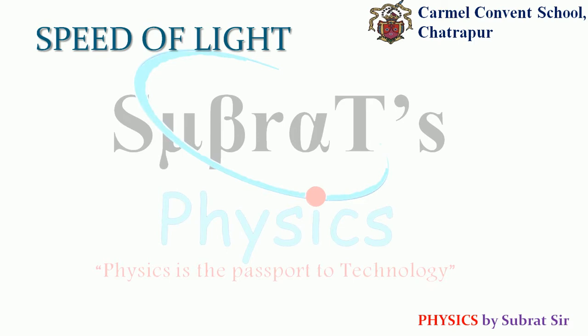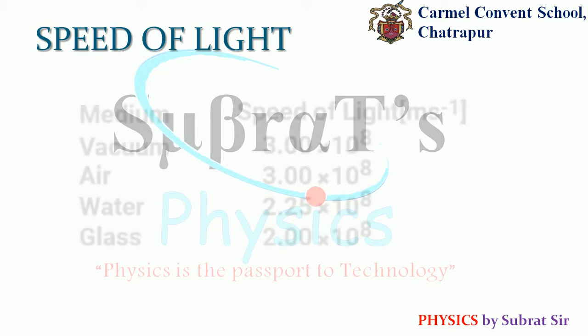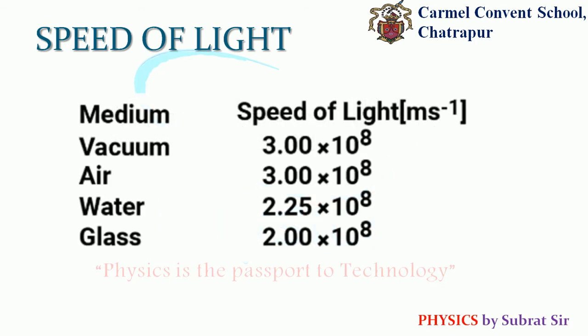Before going to the lesson, I think you all have an idea about the speed of light. So the speed of light in different media is given here. The speed of light in vacuum is 3 into 10 to the power 8 meter per second, and approximately equal in the air medium also, 3 into 10 to the power 8 meter per second.